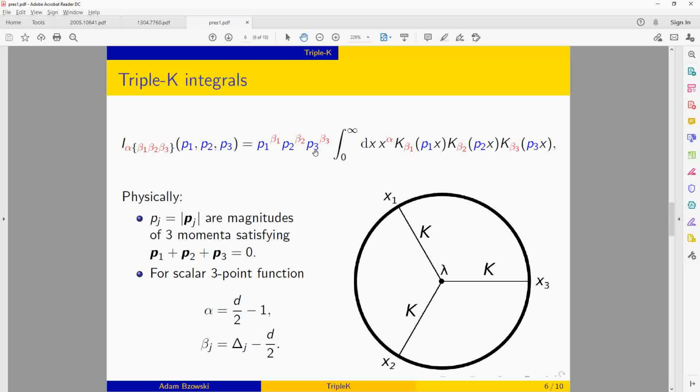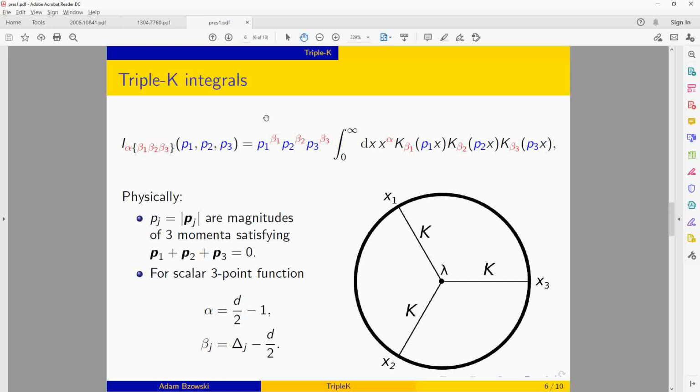So these appear here and also as arguments of these three Bessel K functions. And then there are four more parameters, a single one called alpha and three parameters called beta. The parameters beta are orders of the Bessel K functions, and alpha appears as this power of the integration variable x here.